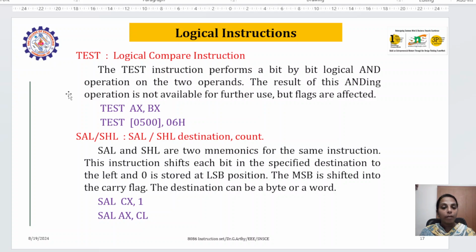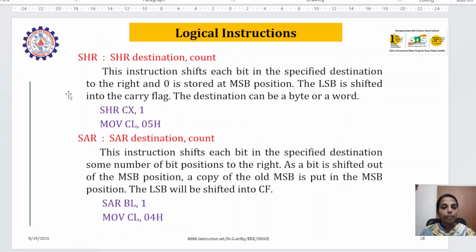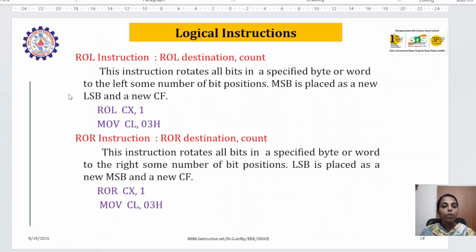Similarly, we have certain instructions for shifting also. We have shift right and shift left. These are the two instructions to shift the bits. Then we have the rotate instructions also, rotate right and rotate left. If it is a shift instruction and we are shifting to the right, the rightmost bit will be lost.